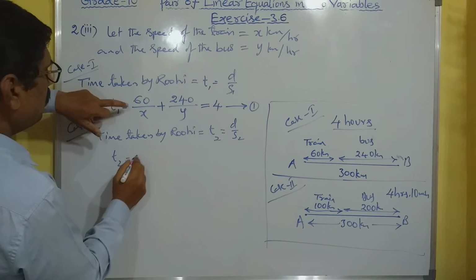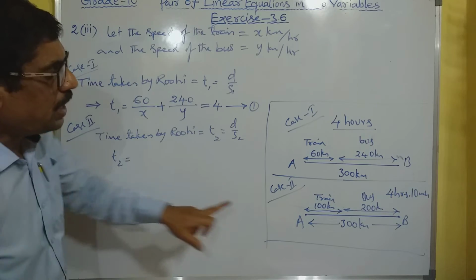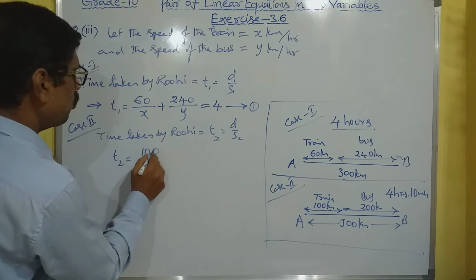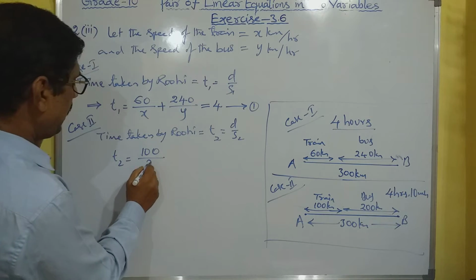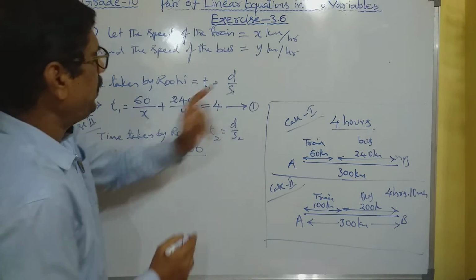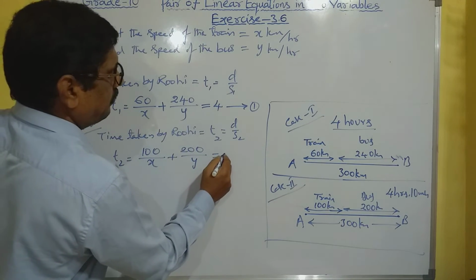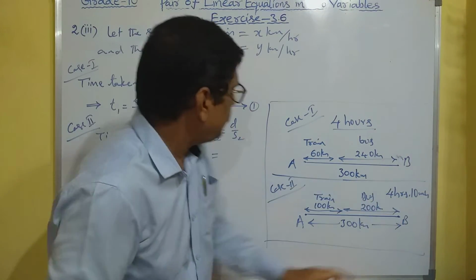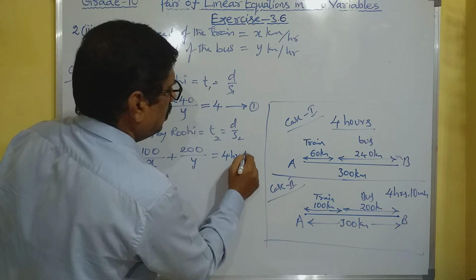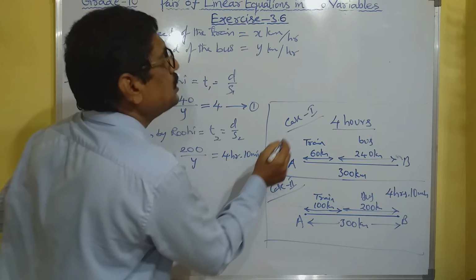So T2 is equal to, now she traveled 100 kilometers by train and 200 kilometers by bus. 100 kilometers by train, speed is x, and 200 kilometers by bus, speed is y. Now this time is 4 hours 10 minutes.